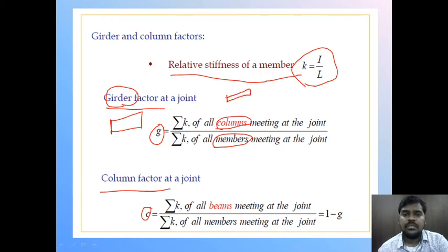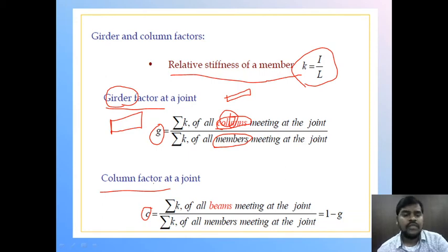Girder means beam, but to find that factor we are considering the columns' stiffness. Please look here, we are not considering the beam stiffness. Here we consider sigma K, the summation of relative stiffness of the columns, to the sigma K of all the members. All the members includes all the structural members.